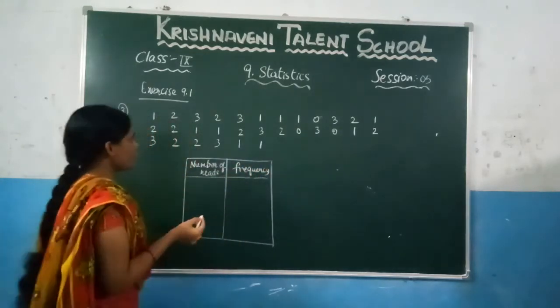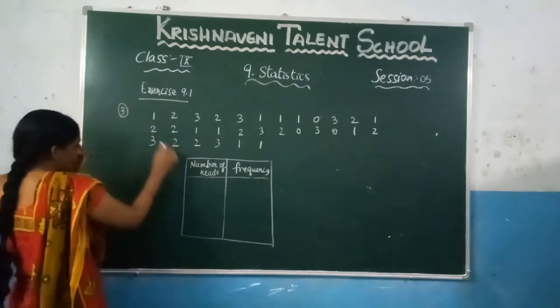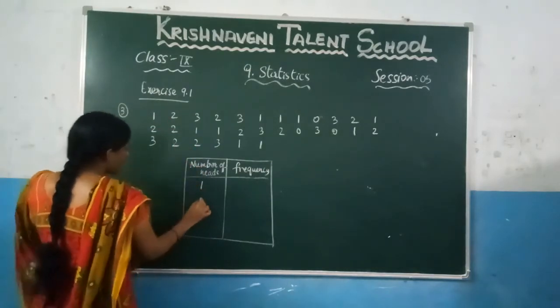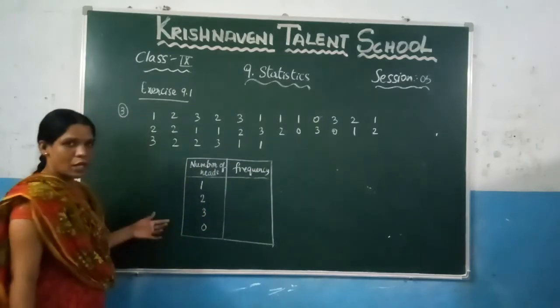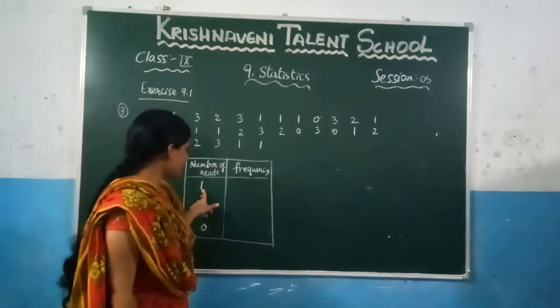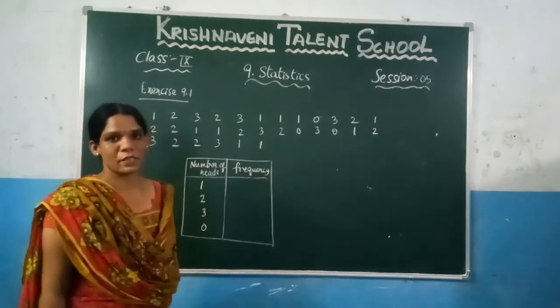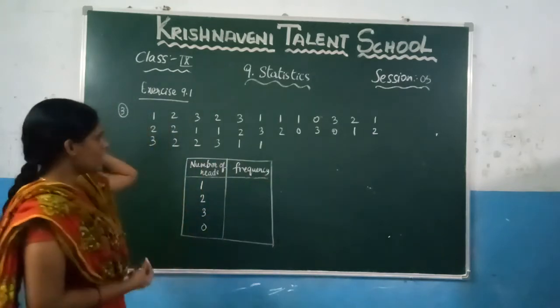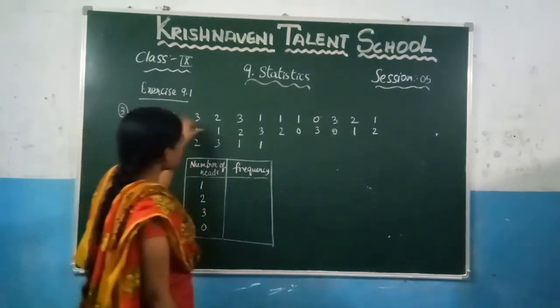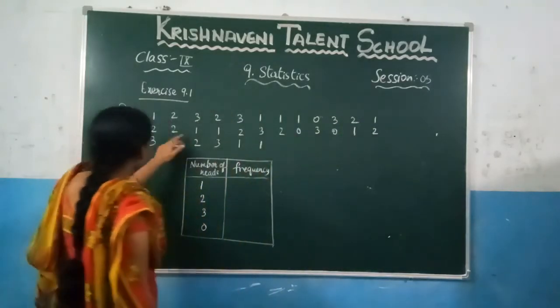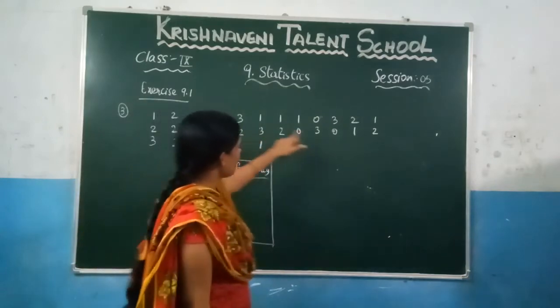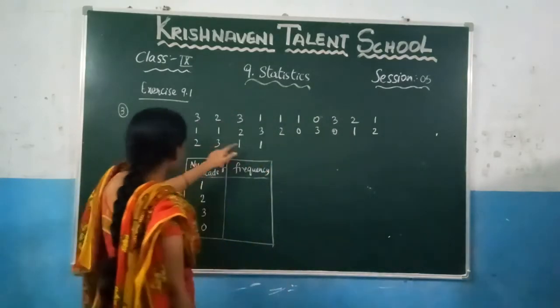Here let us see what numbers we can consider. Here 1 is there, 2 is there, 3 is also there, and 0 is there. Now, let us see how many times 1 is appearing in this data. Let us count: 1, 2, 3, 4, 5, 6, 7, 8, 9, 10.